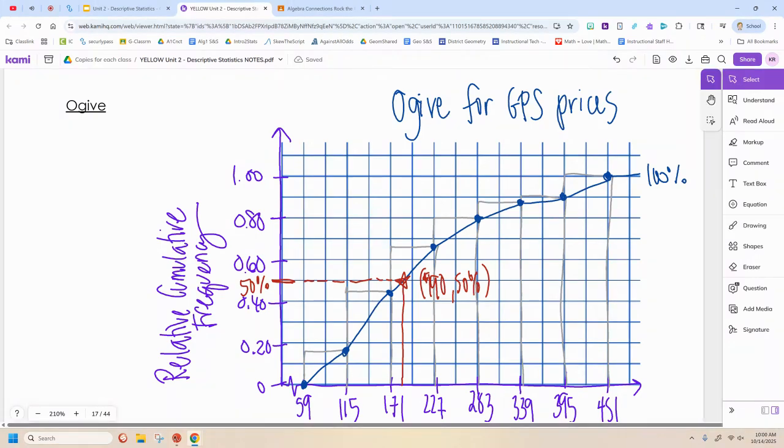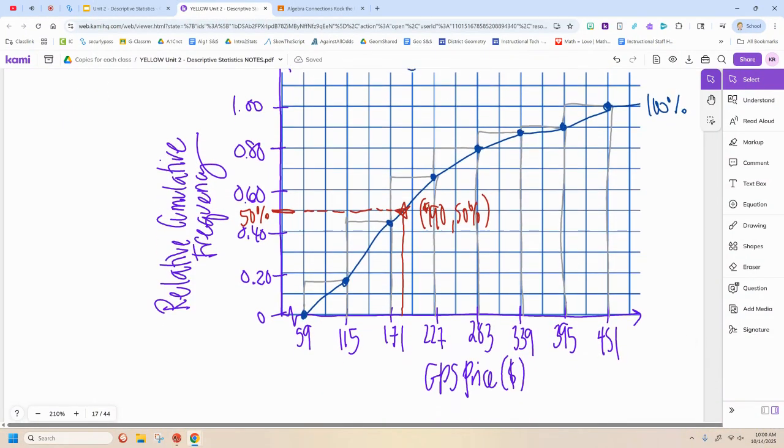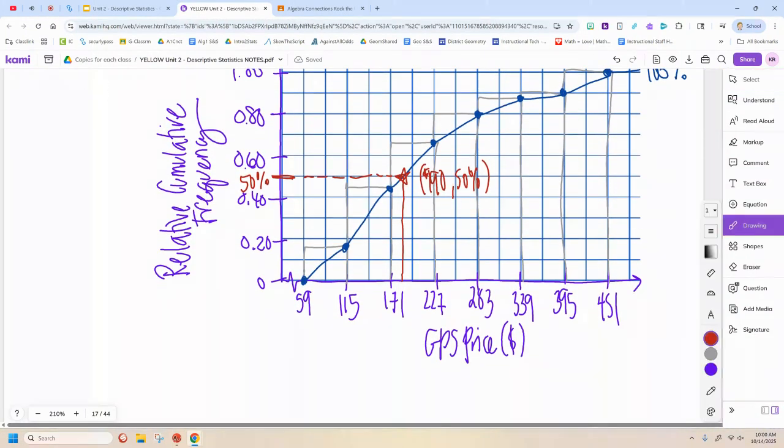And so that's what an ogive allows us to do. So at that point, I could say 50% of GPSs are less than, or I could say they're definitely less than 227, but I'm just putting an estimate in there, approximately $190.